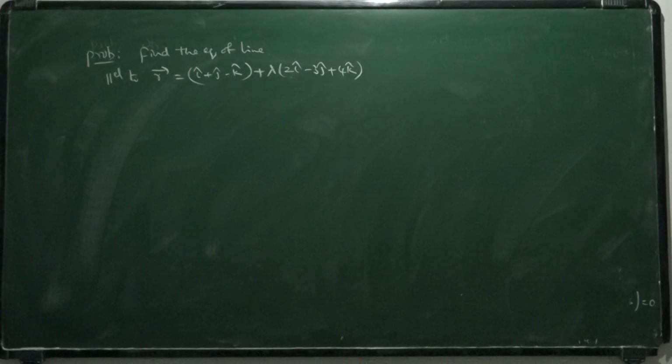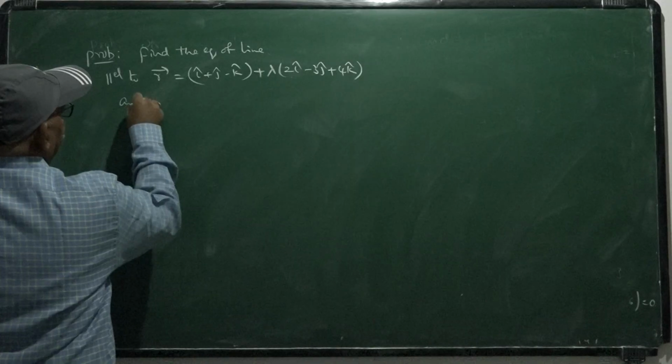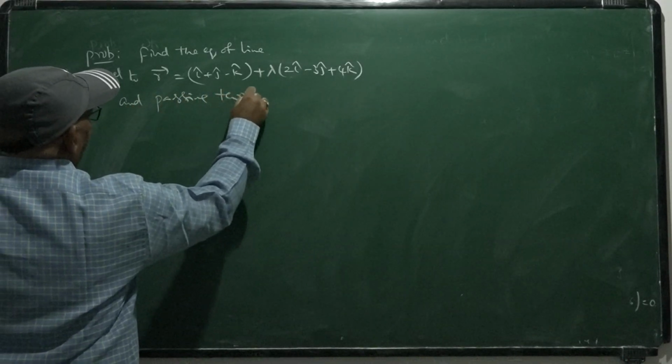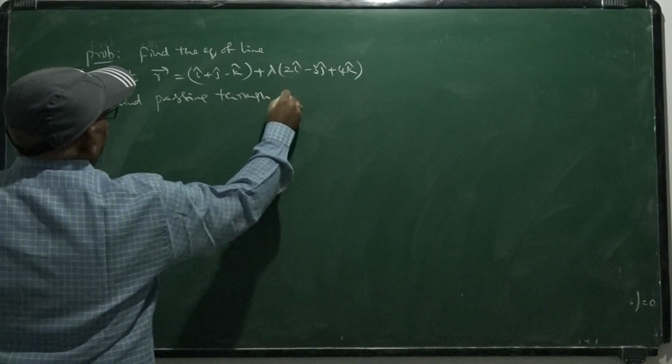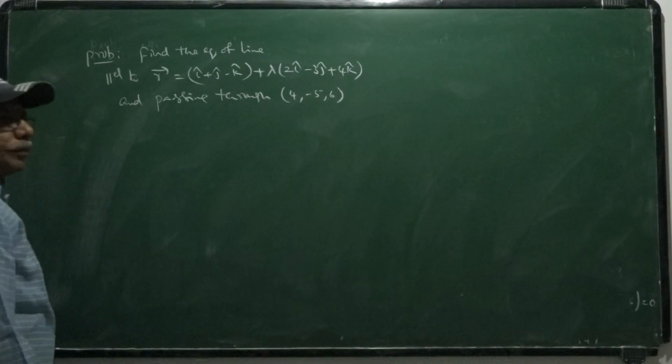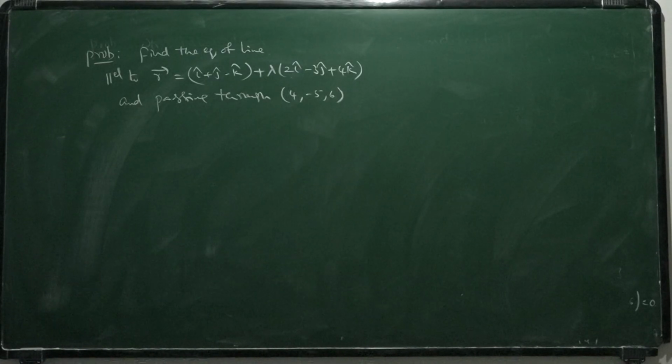Find the equation of the line parallel to this one and passing through the point (4, minus 5, 6). The line is parallel to the given line and passing through the point.